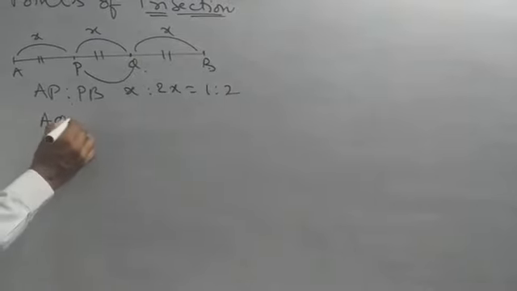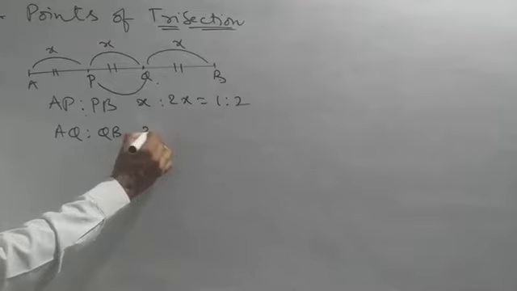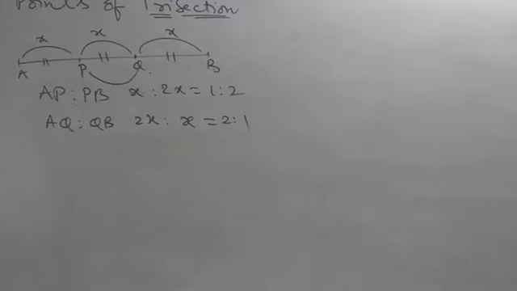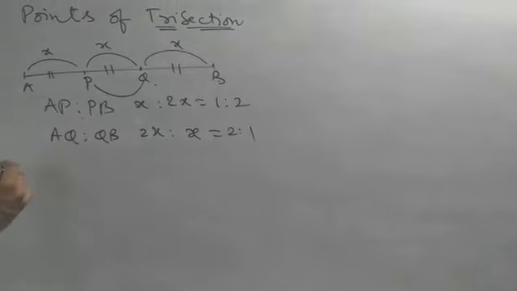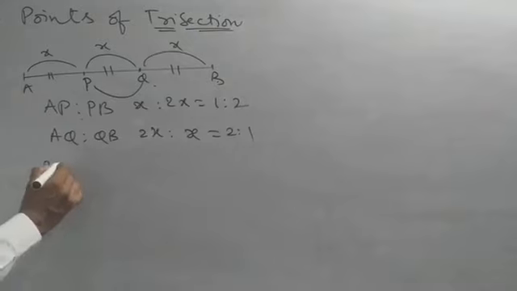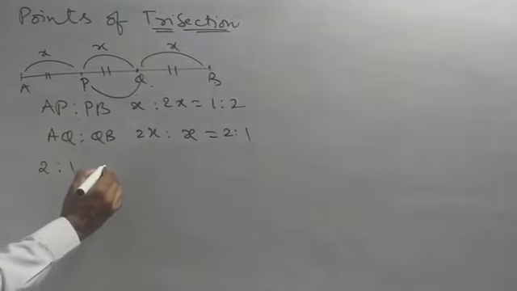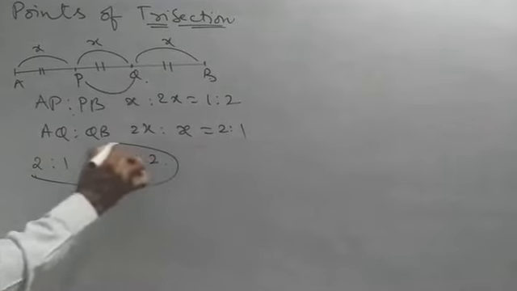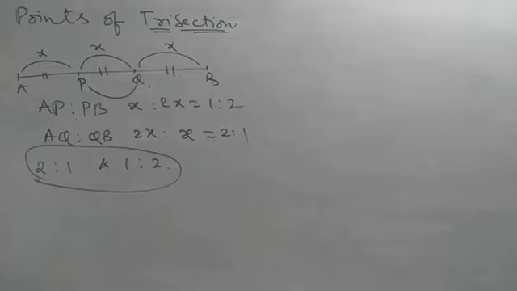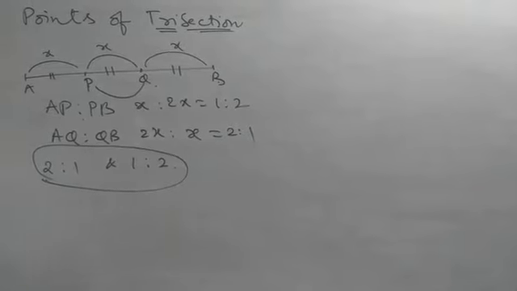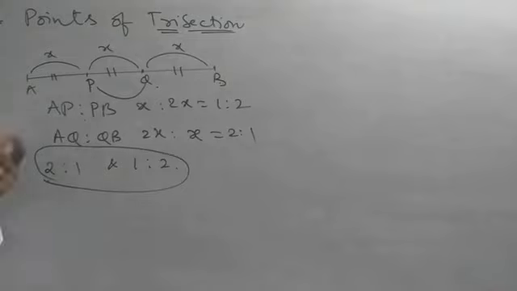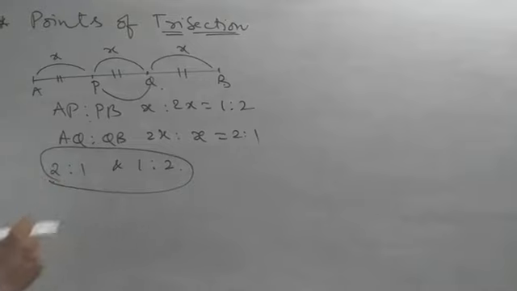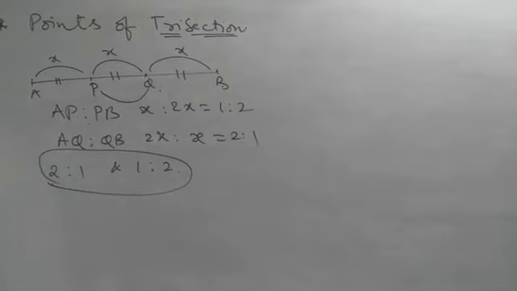Similarly, AQ is to QB is 2x is to x, that is equal to 2:1. That means points of trisection are the points which divide the given line segment in the ratio 2:1 and 1:2. So whenever they ask for points of trisection, we need to find both the points. So here 2 points will come, not a single point.